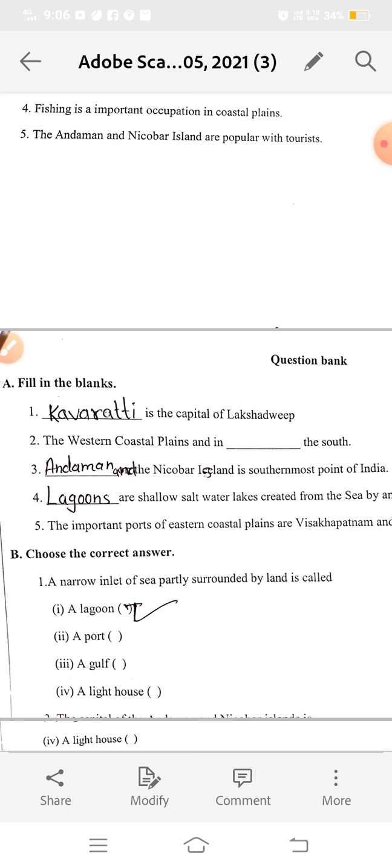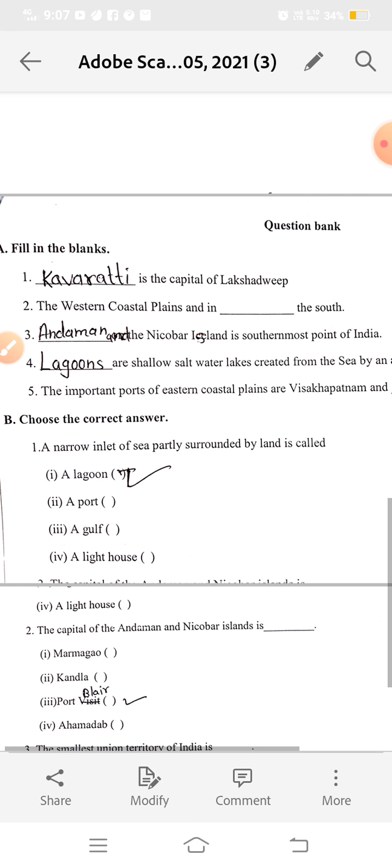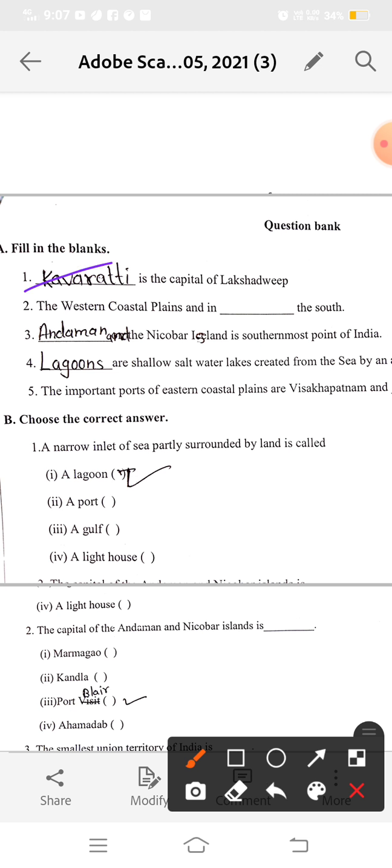Kavaratti is the capital of Lakshadweep. Now here, beta, see here, the western coastal plains and in the south. There is no sense in this question, so cut it. Cut the second as well. Now the third is, the Andaman and Nicobar Islands is the southernmost point of India.